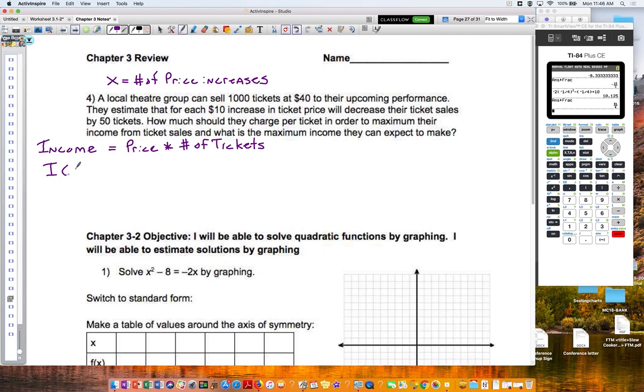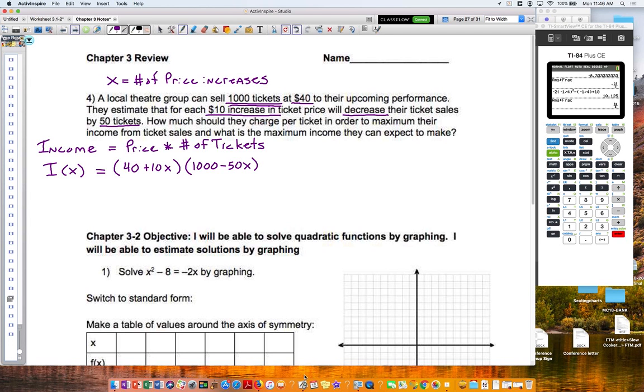So I of x, the income based on the number of price increases: I start by charging $40, and I'm going to add $10 for each price increase. I'm now going to multiply that by the original 1,000 tickets, but for each increase, I decrease by 50 tickets. So 1,000 minus 50x.